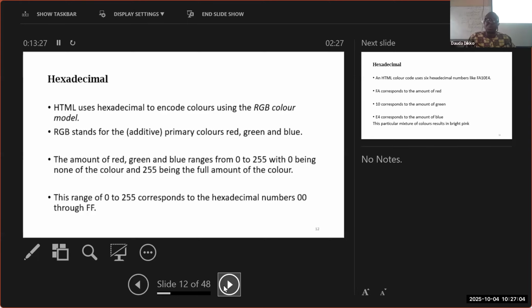It is possible to add the colors together. The amount of red, green, and blue ranges from 0 to 255, where 0 means none of the color, that is none of red, green, and blue, and 255 means the full amount of the color. In hexadecimal, it ranges from 00 to FF.